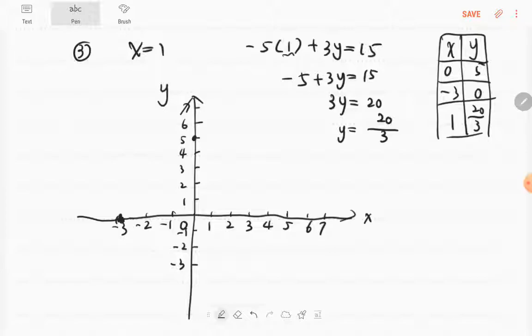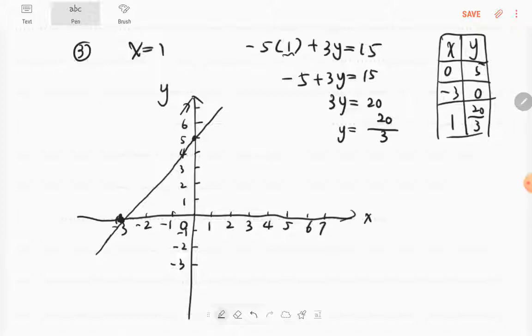So it's on the x-axis. Two points are enough to help us draw the line, so we can connect these two points to draw the straight line.